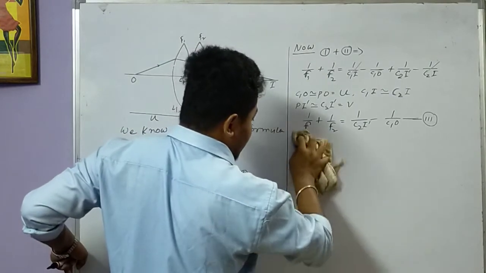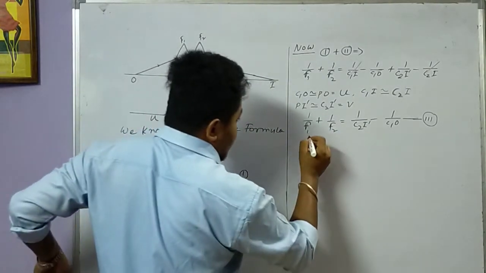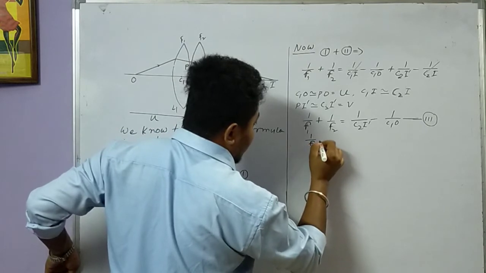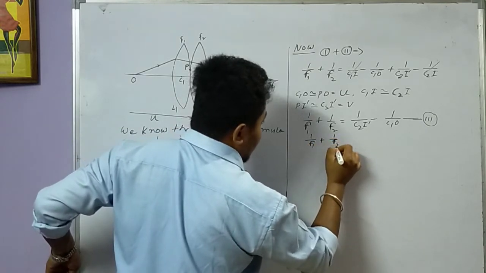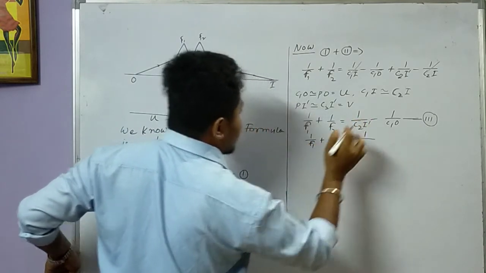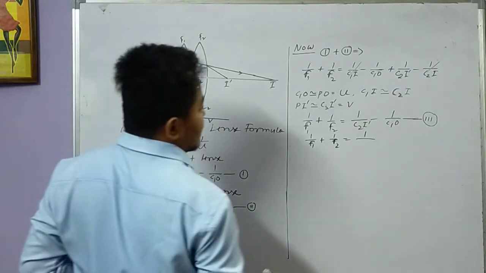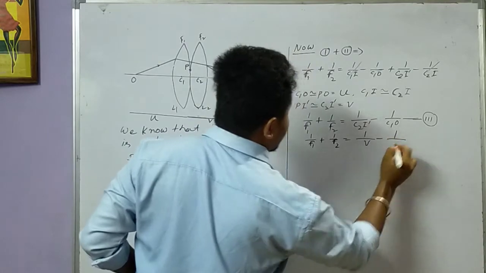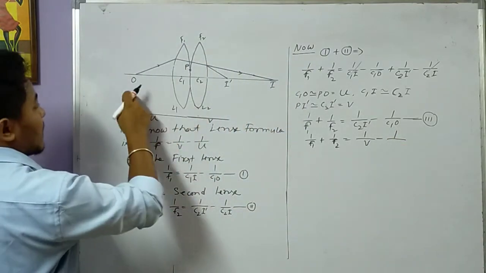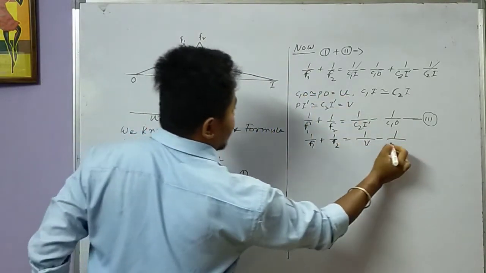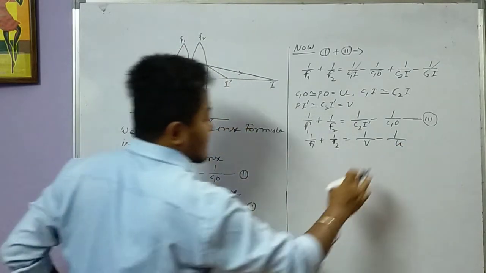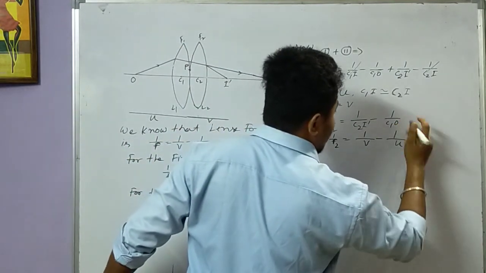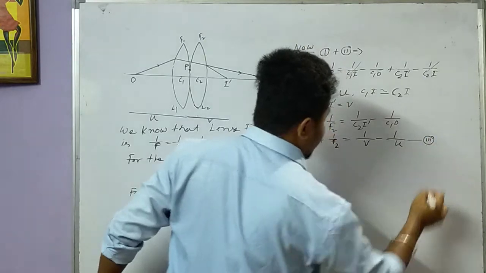So 1 by f1 plus 1 by f2 is equal to 1 by C2I dash minus 1 by C1O, where C2I dash is going to be v and C1O is going to be your u. This is equation number 3.